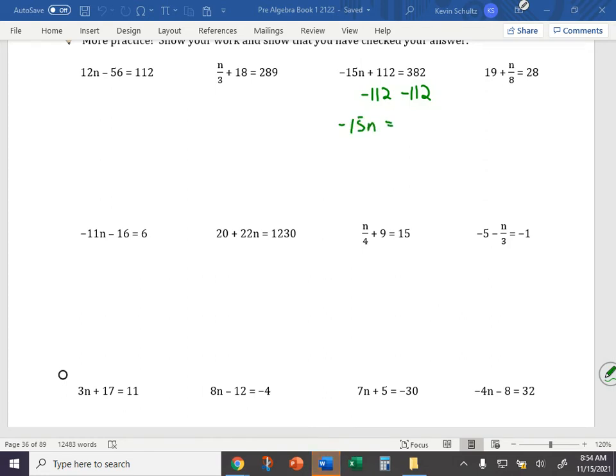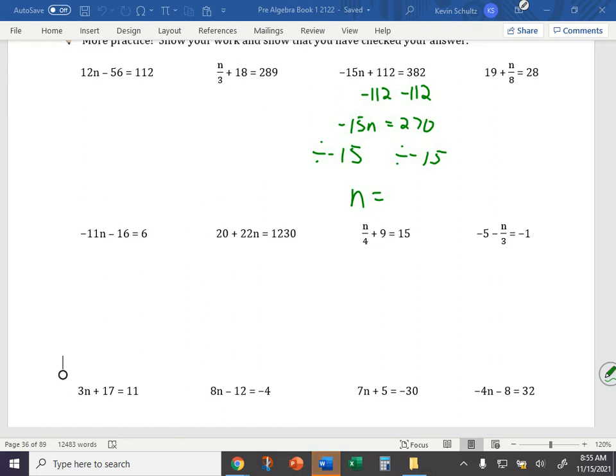So we have negative 15n equals 270. And then, Amanda! Divide both sides by negative 15, the opposite of multiplying by negative 15, and we get n equals, what is that?